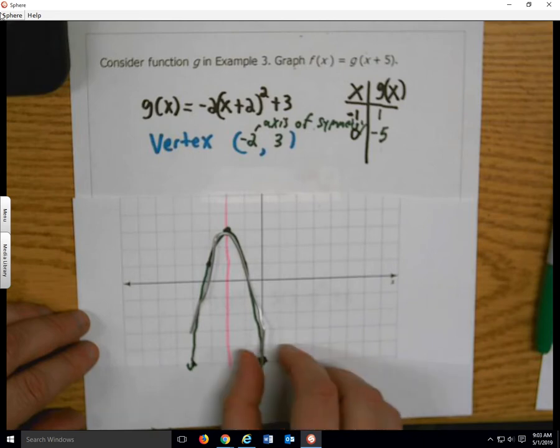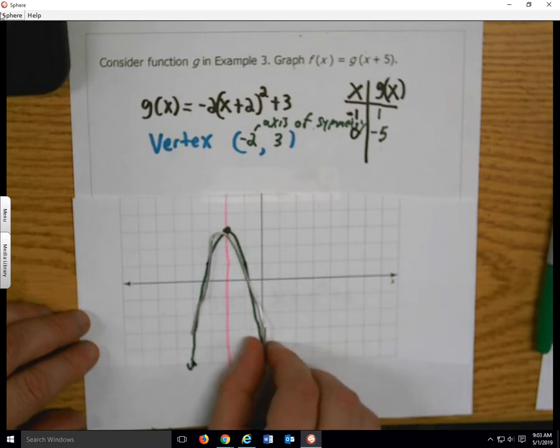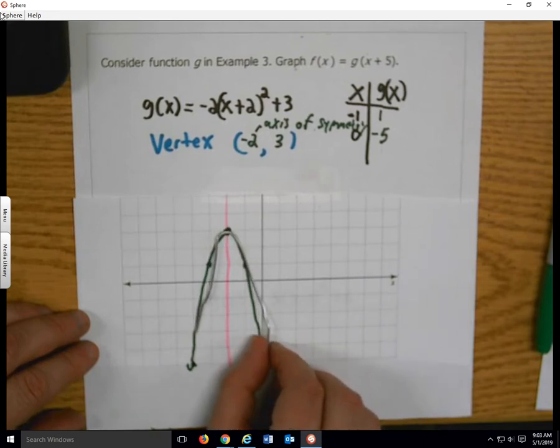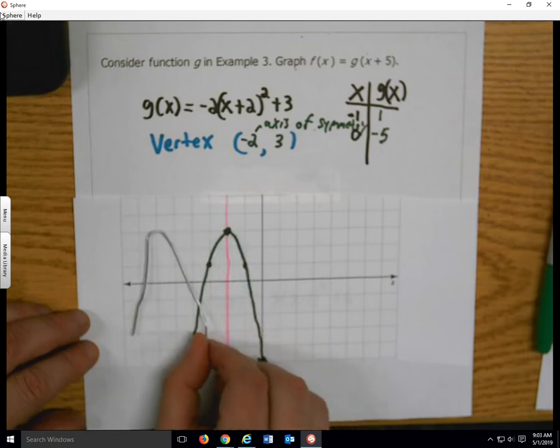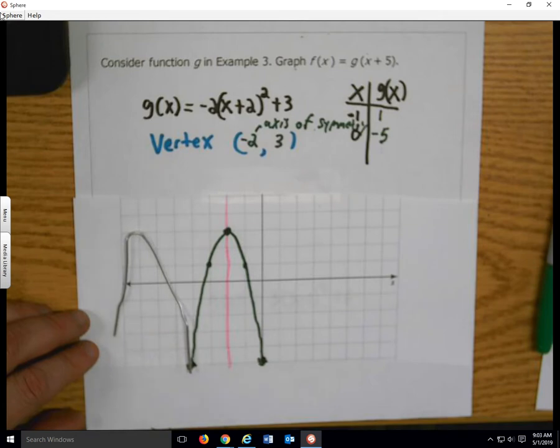And it's going to move over 5 to the left. 1, 2, 3, 4, 5. That will be your answer. It's just transforming it or shifting it over 5.